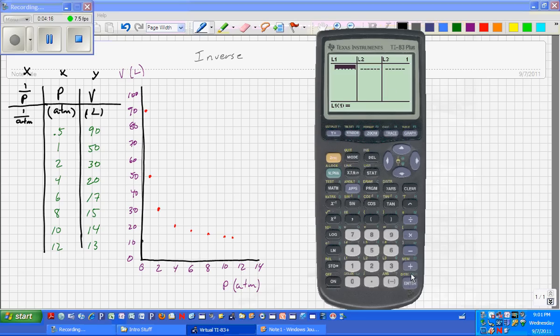In my list, I'm going to put my pressures. So I've got 0.5, 1, 2, 4, 6, 8, 10, and 12. And then I'm going to make a second list.